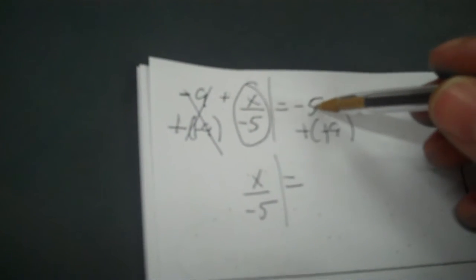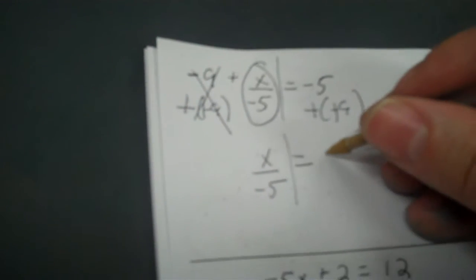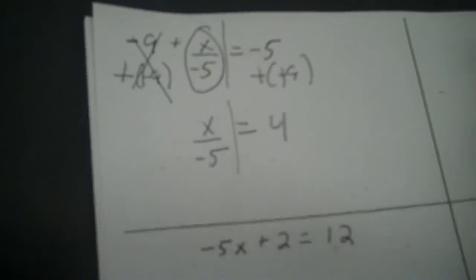Okay, so I minus plus plus, that's 0, and that plus plus here. So I line up my equals. I have x divided by -5, and then -5 plus 9 is 4. Okay, it's not 5 plus 9, it's -5 plus 9.